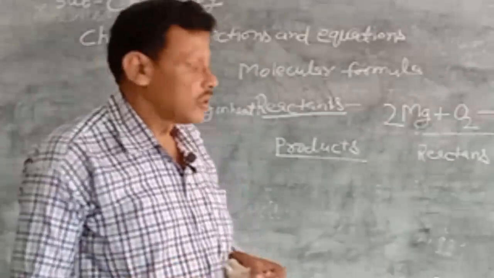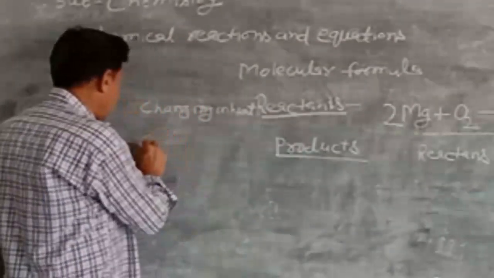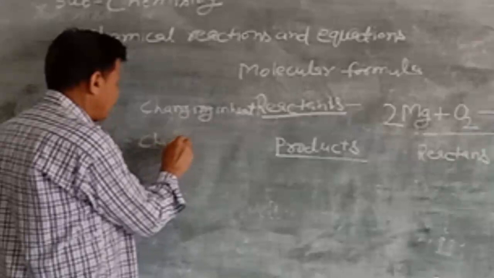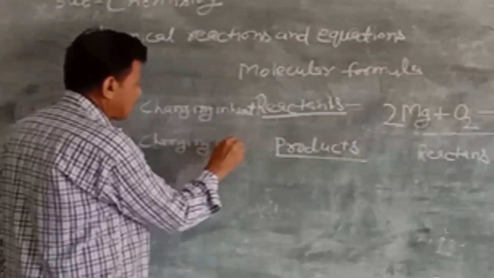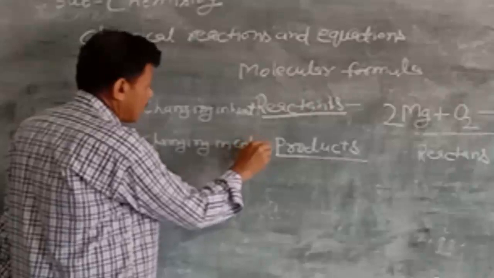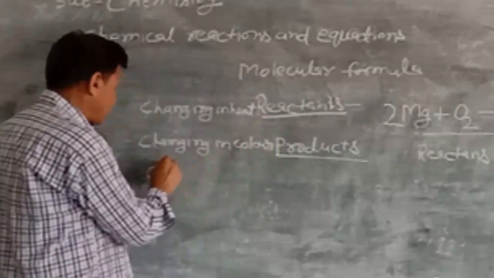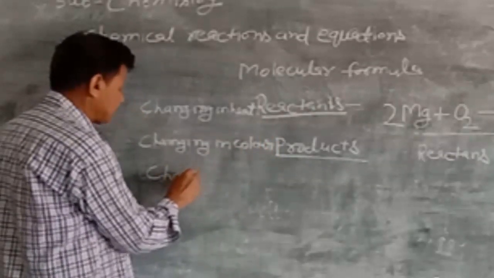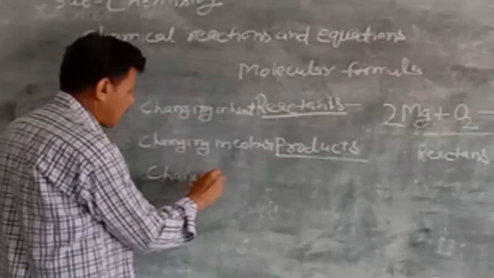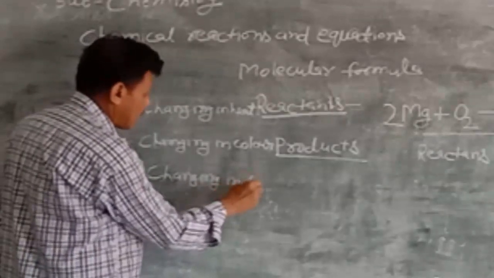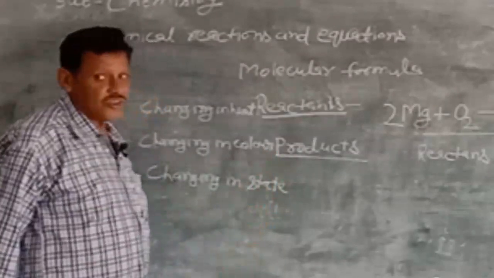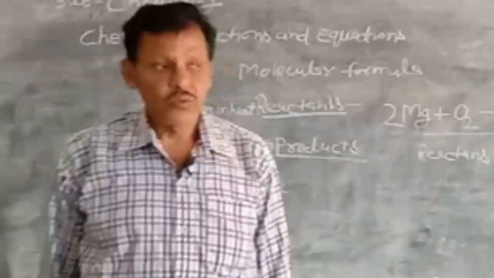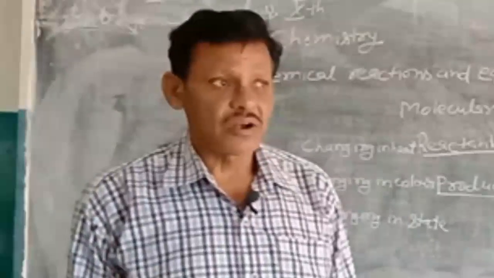Changing in color, changing in state. In this way, we observe various types of changes in chemical reactions.